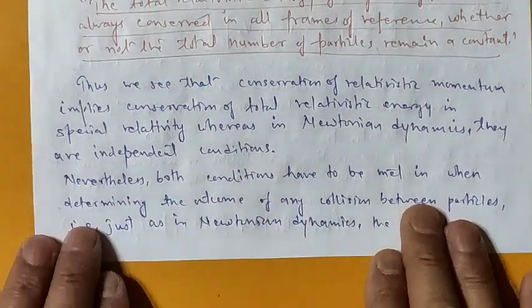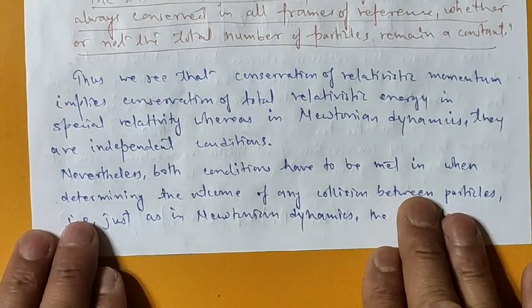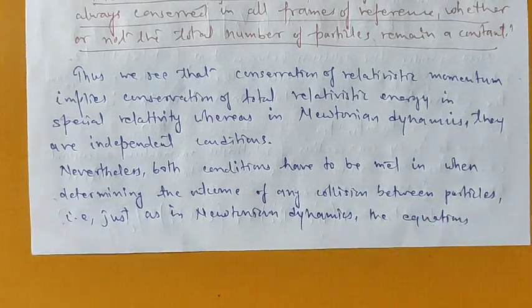Thus we see that the conservation of relativistic momentum implies conservation of total relativistic energy in special relativity, whereas in Newtonian dynamics they are independent conditions. Momentum and energy are two independent parameters in Newtonian dynamics.